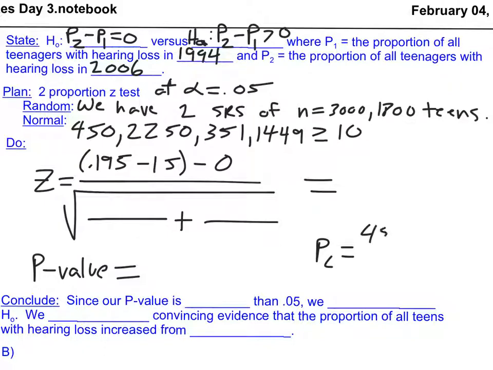$450 plus $351 over 3,000 plus 1,800. Now when you set it up, you're going to get a proportion between 0.15 and 0.195. Okay, again, this proportion is to reflect our best estimate if these two proportions or rates of hearing loss are the same as to what it is.